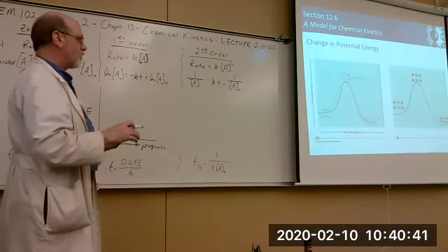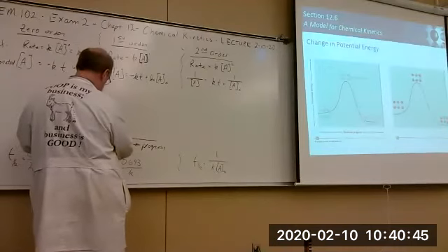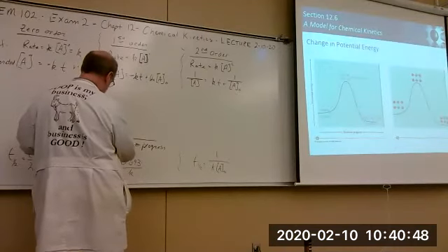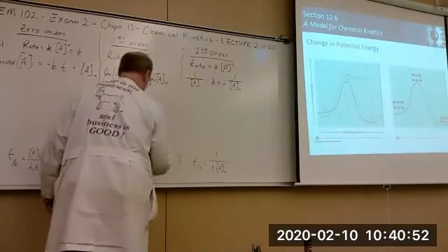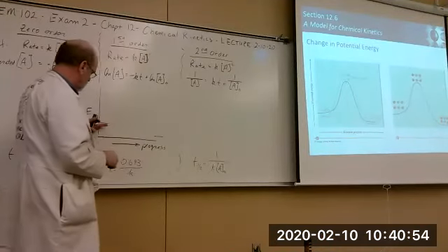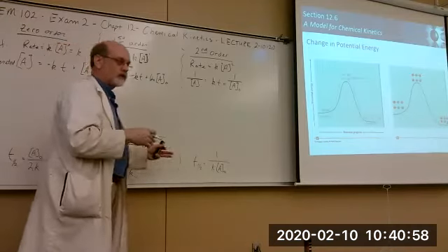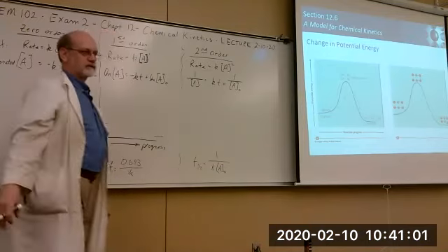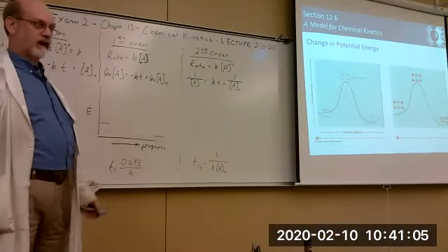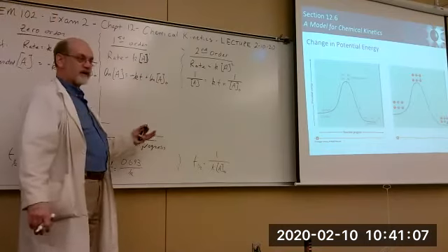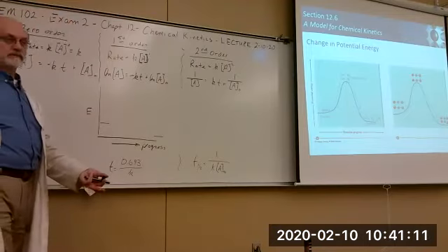So if we start off at this level with our energy of our components, right, and we end up way down here, that means if we start off at high energy, end up at low energy, where'd that energy go? The reaction. It was given off, right? It's not in the reactants or the products, so it has to be given off either as heat or light or some other form, right?